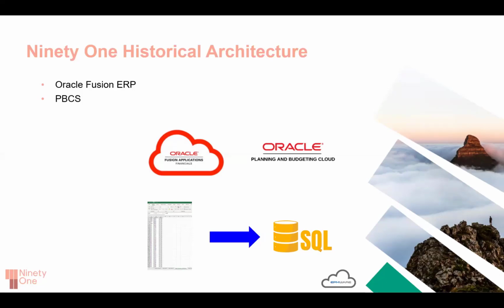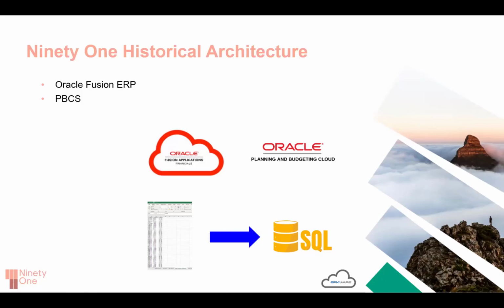And when the demerger took place, we needed to look for a new ledger and a new reporting tool, and the natural selection was to go with the Oracle suite of products, as that was the most familiar for us, particularly around our reporting.